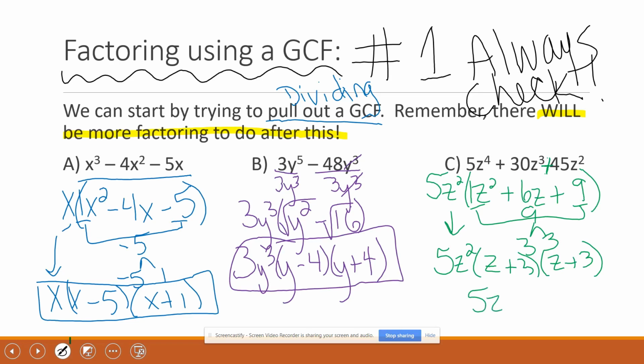Or you can write this as 5z squared and then z plus 3 squared, because we have the two exactly identical parentheses. So either of these is acceptable. You do not have to write both. One or the other is totally fine.